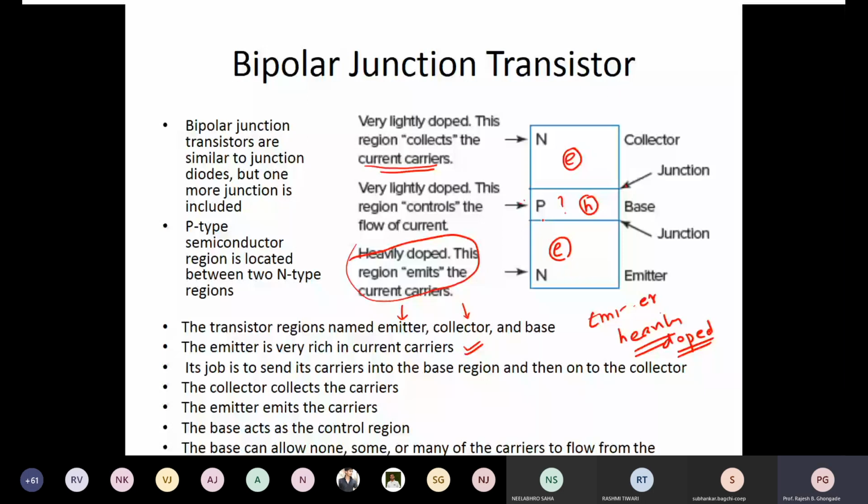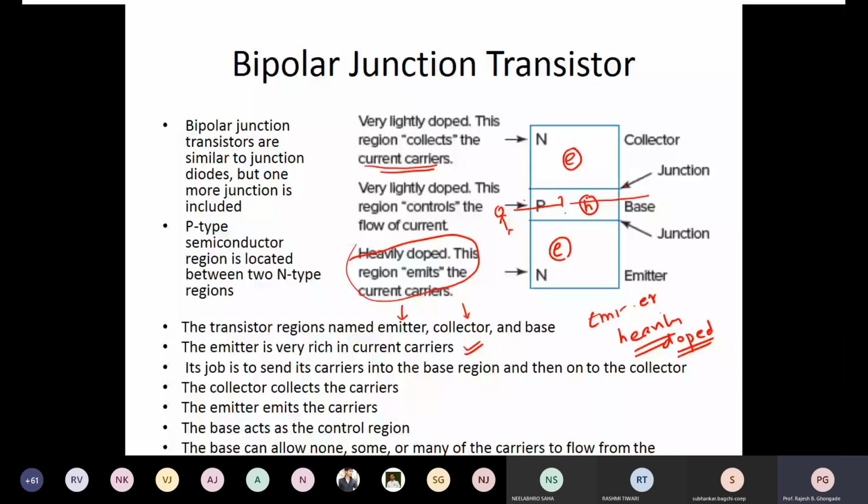We'll see that in more detail later on. This base acts as some kind of a control, and the entire theory for BJT is based on this concept. The base can allow none, some, or many of the carriers to flow from emitter to collector. If I assume this is a gate of some sort, opened by a person: if the gate is completely closed, the carriers will not be allowed to go from here to here.